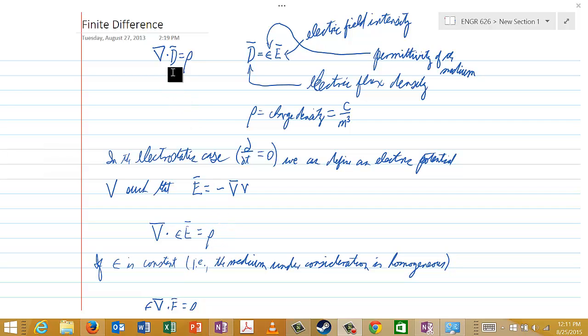That's directly from this equation, simply by substituting epsilon E for D. And now we suppose that epsilon is constant, which just means that the medium under consideration is a homogeneous medium. It's not changing.